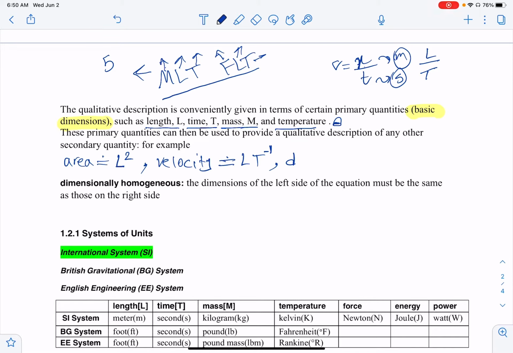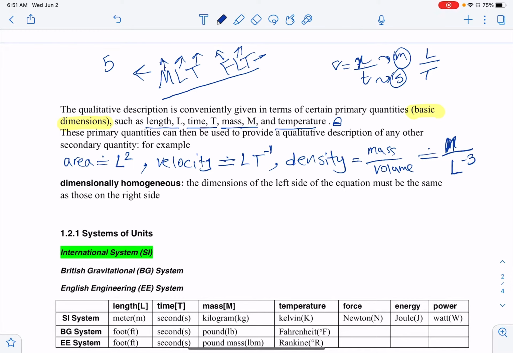This is how we describe a secondary quantity. For example, density: we know that density is mass per volume, right? If we want to write it down in the MLT system, it's going to be M, L to the minus 3, right?